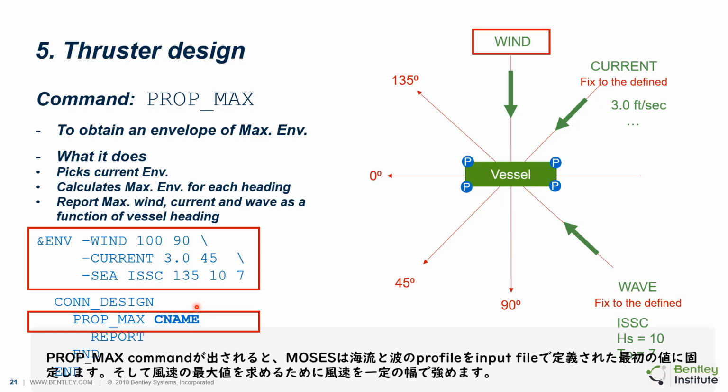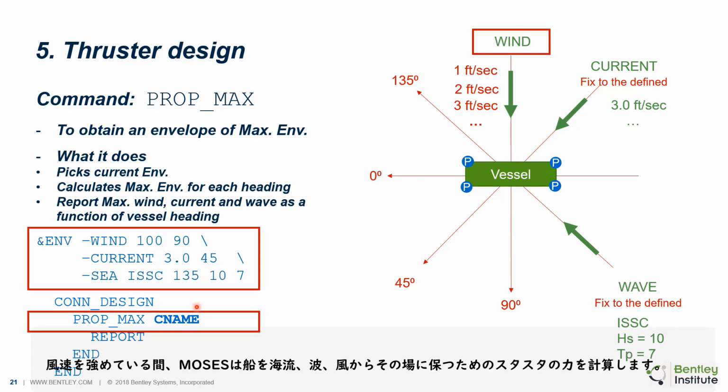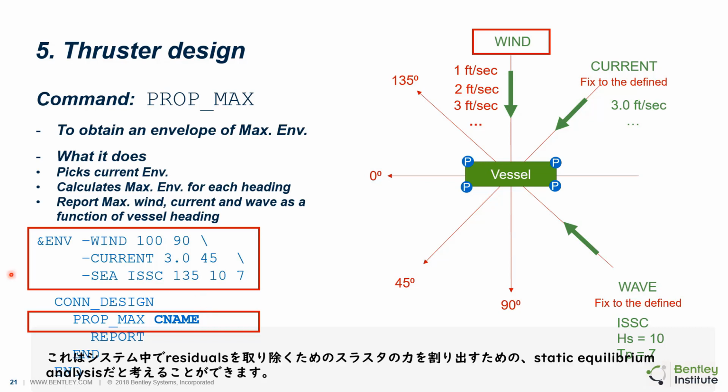Then it increments the wind speed with a specific step size to find the maximum wind. During the incrementation, MOSES calculates the thrust force to hold the vessel at the position against the applied current, wave, and wind. We can think of this as a series of static equilibrium analyses to find the thrust force to remove the residuals in the system.